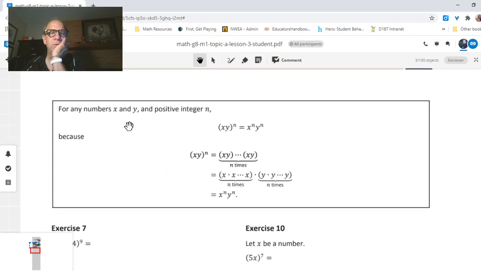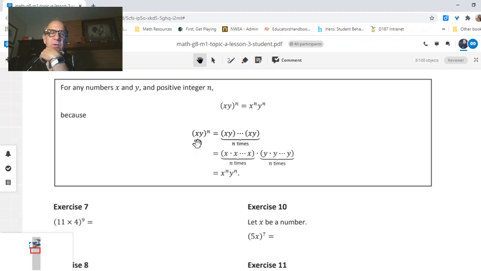So any numbers x and y and positive integer n, x y to the nth power equals x to the nth, y to the nth. So we prove that because x y to the nth power is xy times xy times xy, n times, and then through the magic of the commutative property, we can split those up and move all of our x's on one side and all of our y's on the other side.